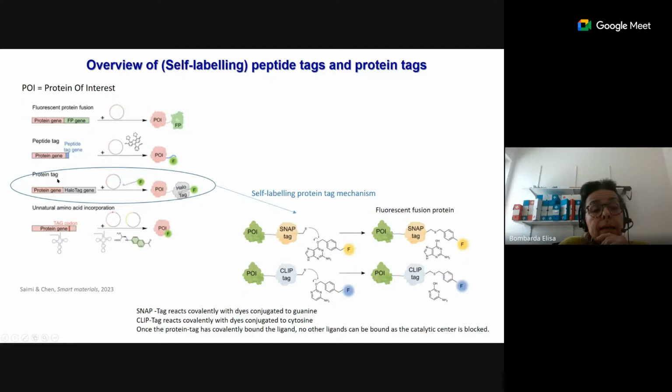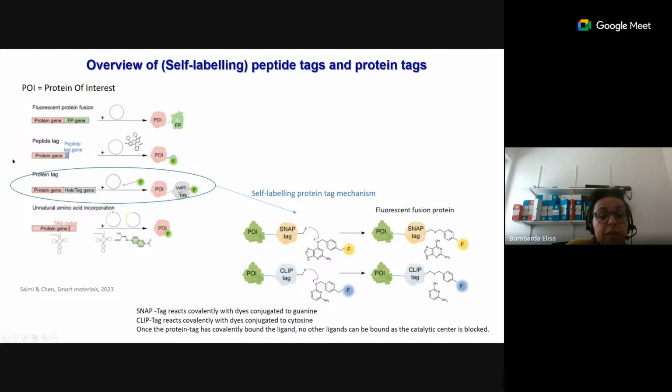And then there is the protein tag. That is a relatively new method, which is quite practical. There exist some self-labeling proteins, and for example here is the mechanism.